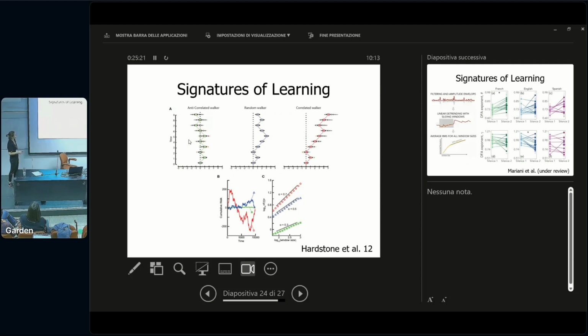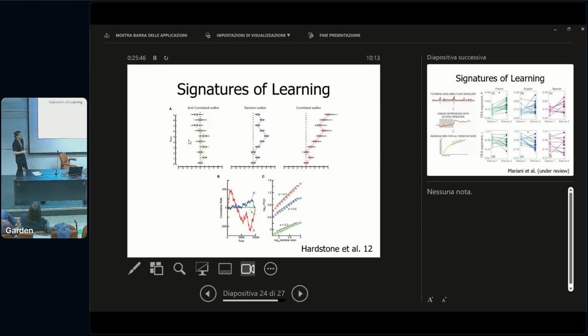If you're not correlated, there are going to be some. If you're anti-correlated, very little. And if you're positively correlated, then quite a lot. So you could look at the size of the time windows of the excursions, plot them, and then look at the exponent of the slope of the linear fit you get. If it's totally random, no memory, you get an exponent of 0.5.